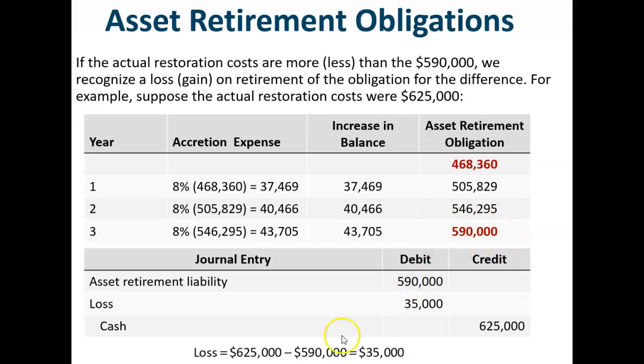We will need to credit cash for the $625,000 paid for the actual restoration costs. And we will need to debit a loss on asset retirement liability for $35,000.